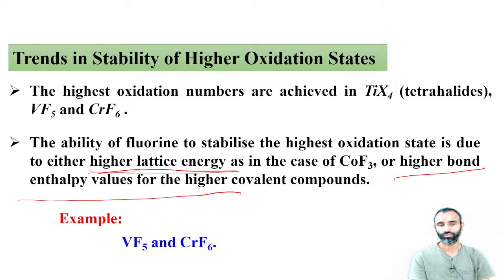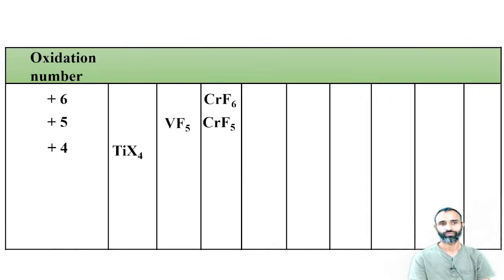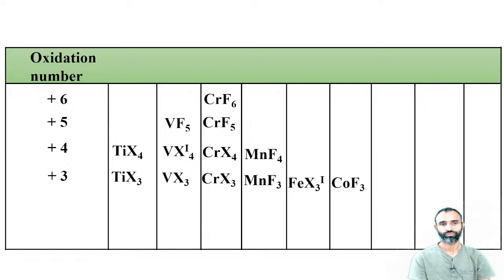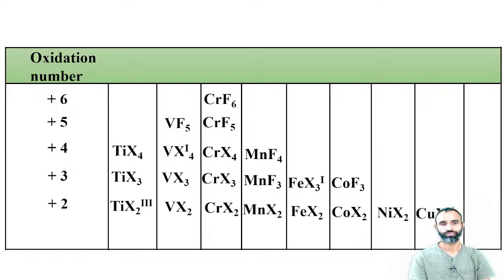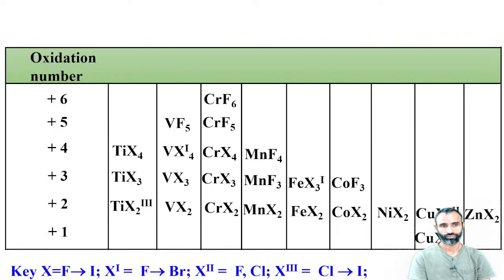For example, VF5 and CrF6. In +1 there is only copper.